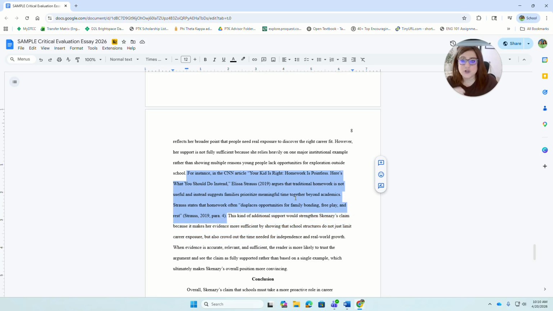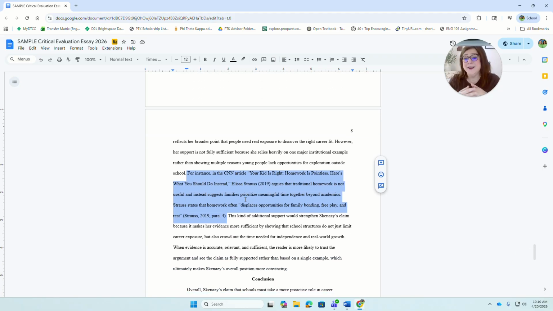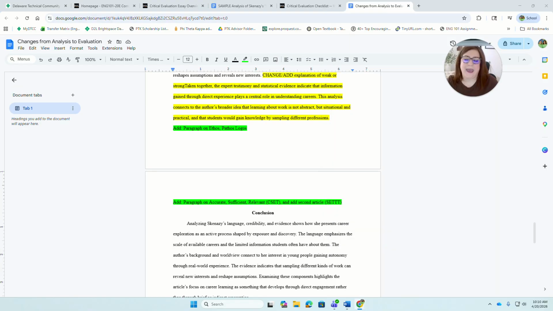You guys, this is all that you need. Just that little blurb, to compare and explain a little bit more about accuracy, sufficiency, or relevancy. It's really up to you how you want to use it, but notice that I'm not doing a whole paragraph on that second article. It's going right here in this part of your essay, okay?